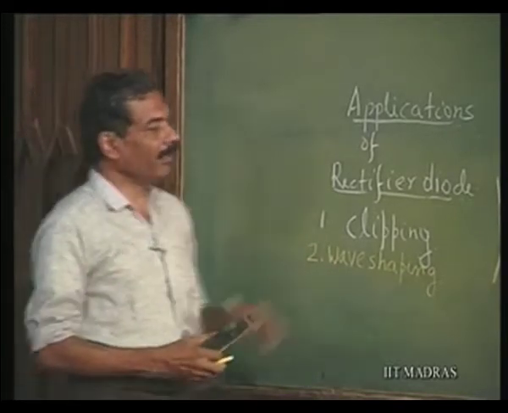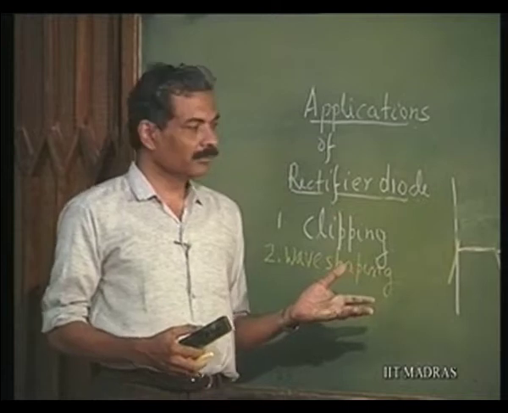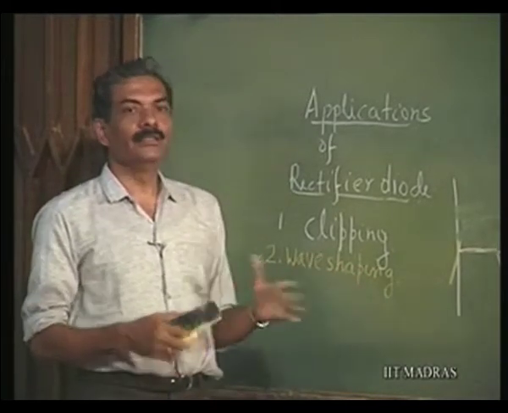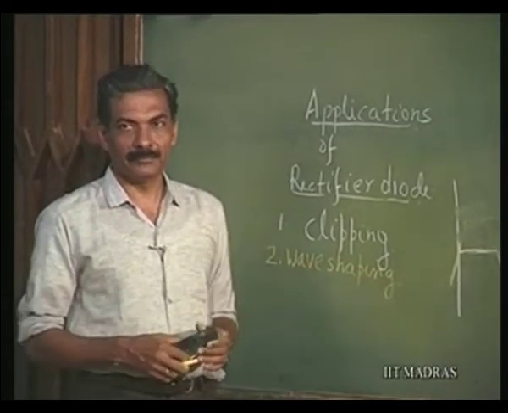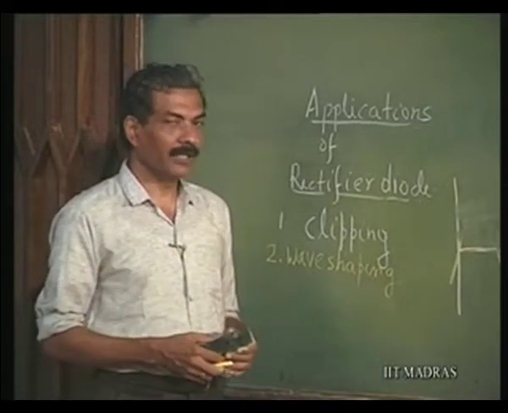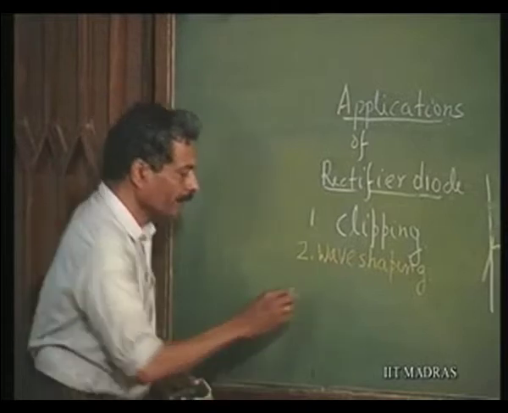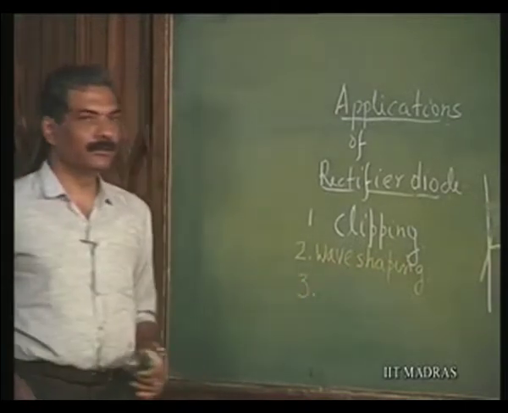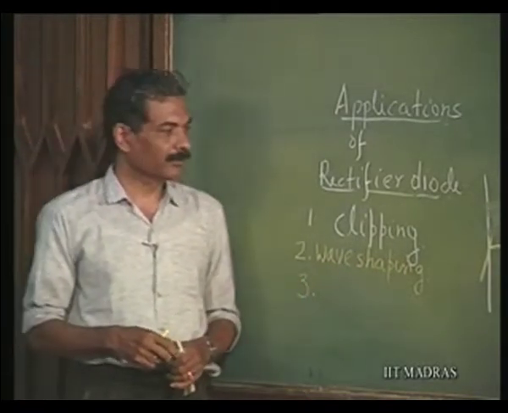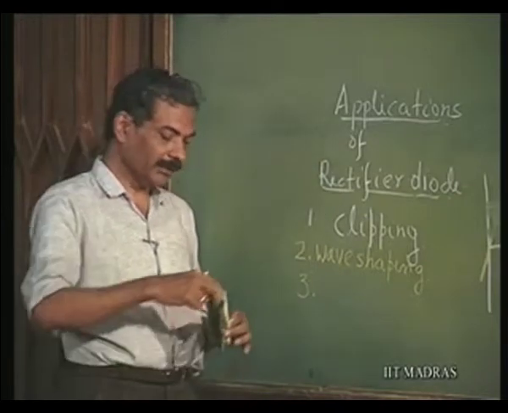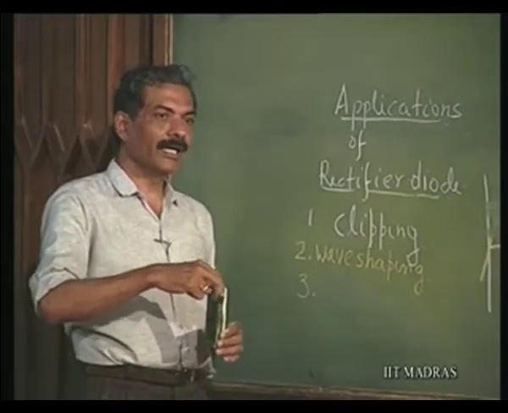That means a sine wave can be converted into almost a square wave or a trapezoidal wave approximately. So, this is called wave shaping. Then this is a nonlinear operation. Another nonlinear operation is clamping.